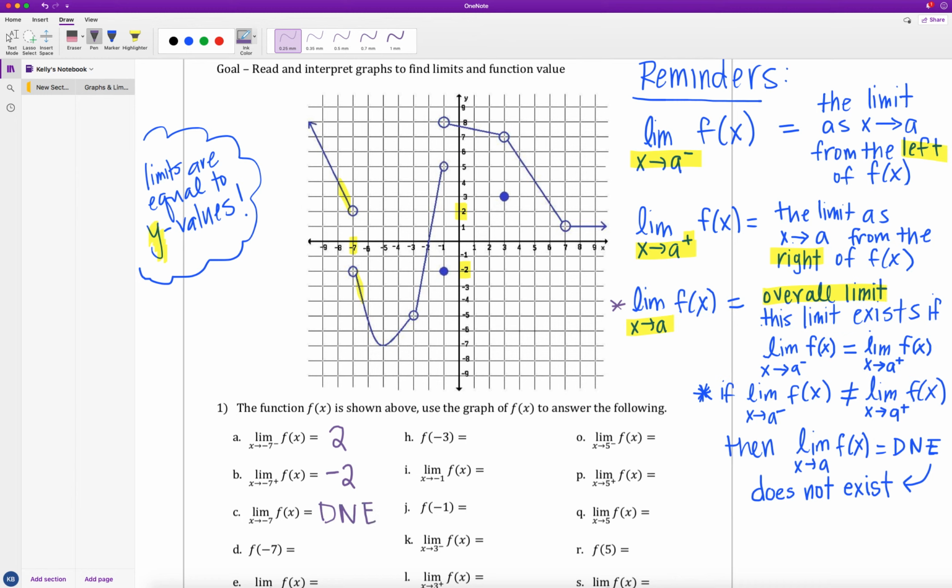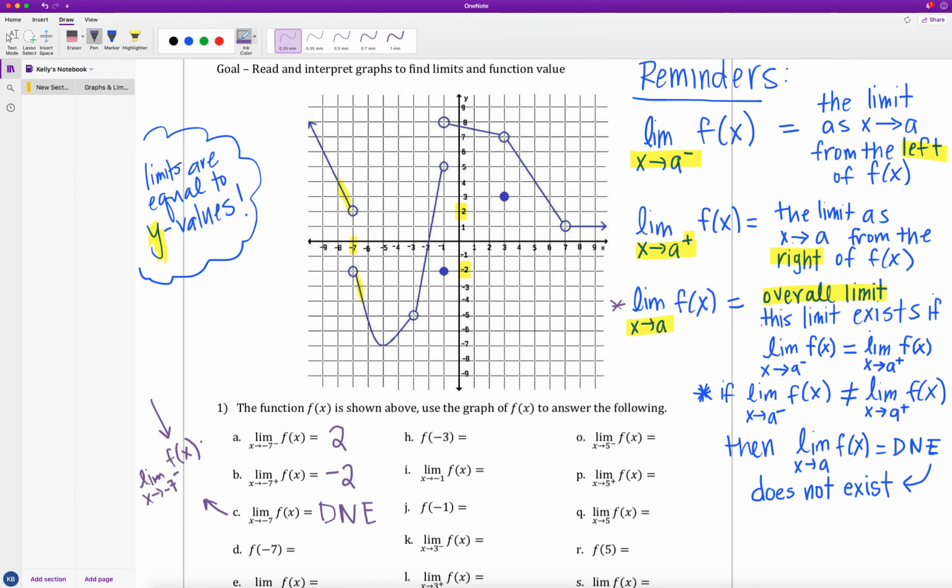I'm going to abbreviate that with D and E just because I don't have a lot of space here. Now, if we were asked to justify this, I'm going to add the justification up to this left side over here. So the justification is because the limit as x approaches -7 from the left of f of x. So make sure you always have a function input into our limit. It wouldn't make sense to just have a limit with no function input, so I can't have what I'd call floating limits.